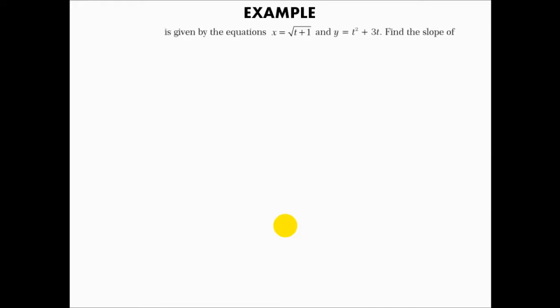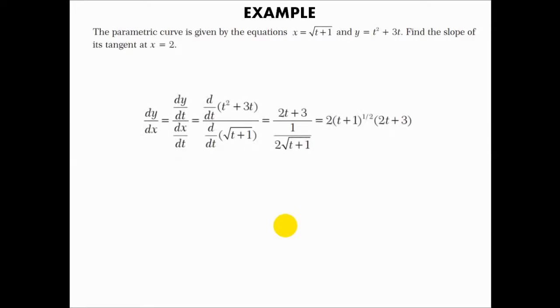For example, the parametric curve is given by the equations x is equal to the square root of t plus 1 and y is equal to t squared plus 3t. We must find the slope of its tangent at x is equal to 2. First, we must know dy over dx by the formula before: dy over dx is equal to dy over dt over dx over dt.